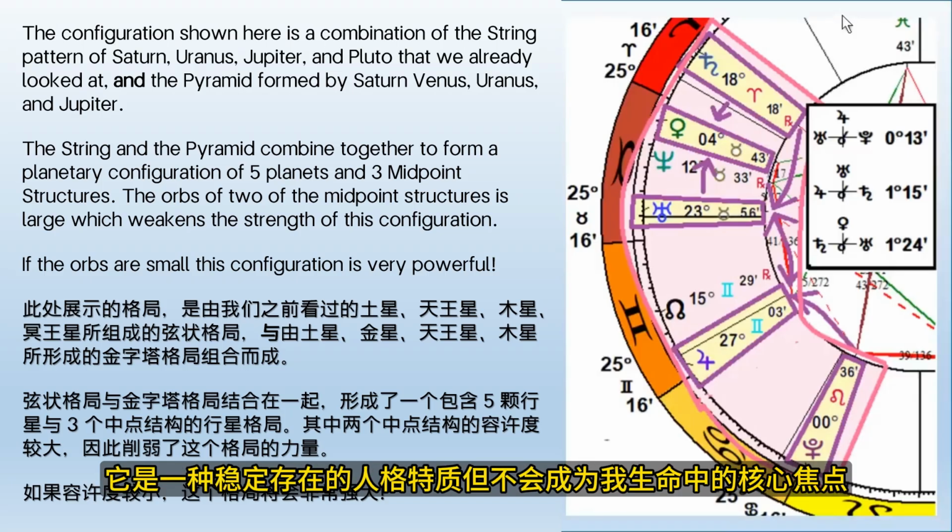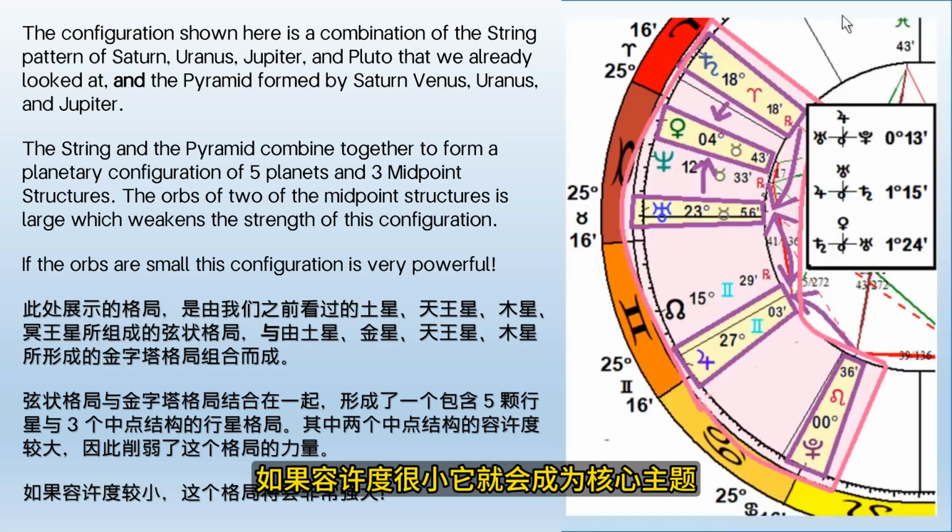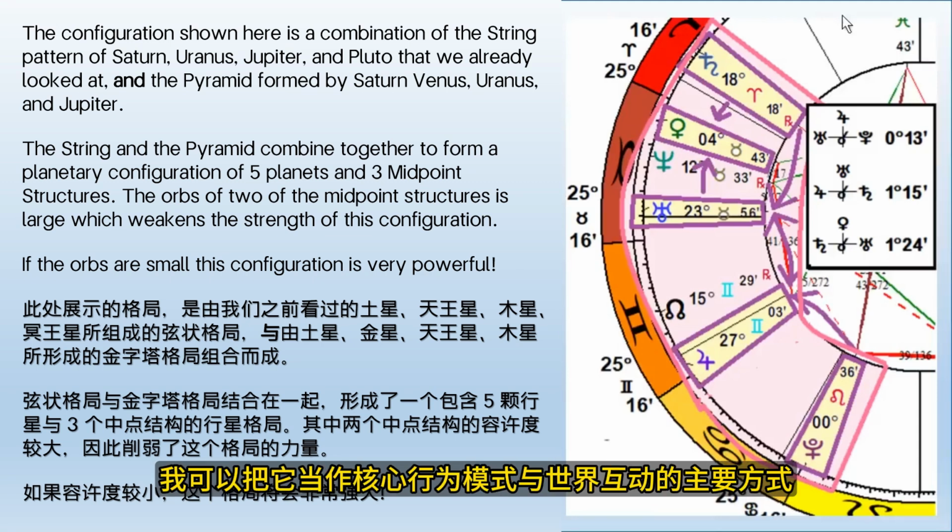So it's a personality characteristic that's there. It's solid, but it does not become a main focus of my life. If the orbs are small, then it becomes a main focus, or should be a main focus. It's something that I can make one of my primary activities, one of my primary ways of engaging with the world.